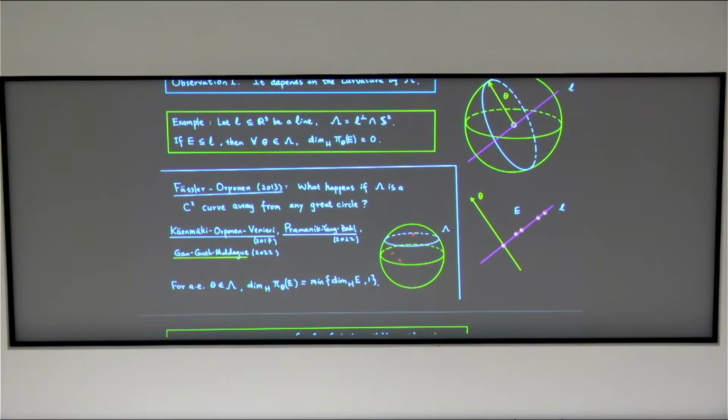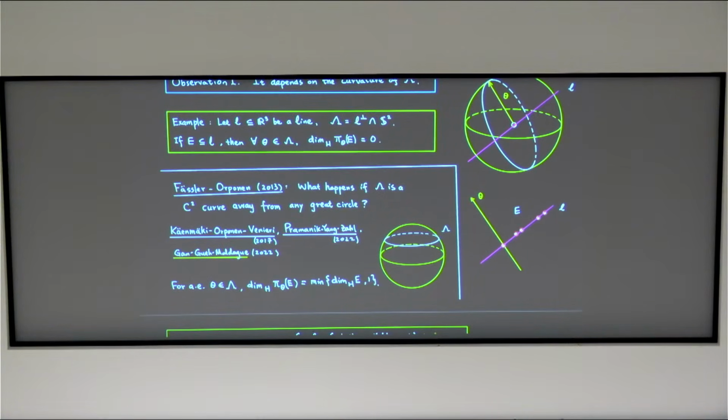But for the classical Marstrand projection theorem, we require this to be true for almost every direction in the sphere, so we need access to almost all directions. The strength of this theorem is that we only need to consider what happens on this curve, or on this small circle. Then for almost every direction on the small circle, we have an equally good projection bound.